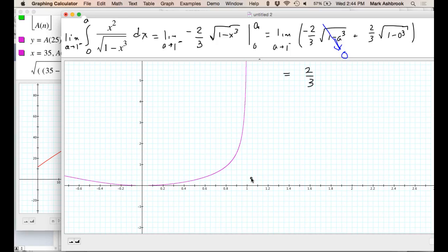It only gets really big when it's really close to 1, and so that's why this thing has a chance to converge. So it's not big for very long. When you're close to 1, it's still just a rate of change of 5, and it doesn't get really big until really close to 1, and so it's going to converge.